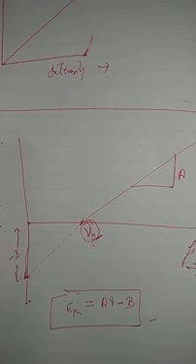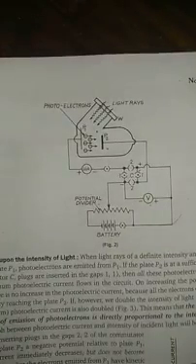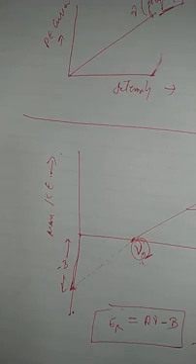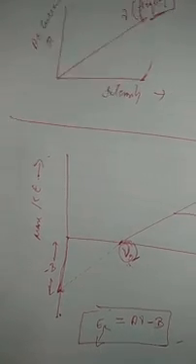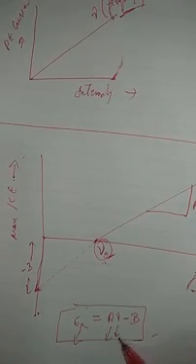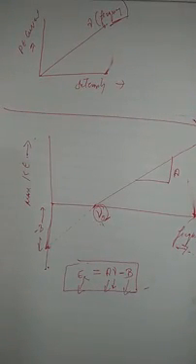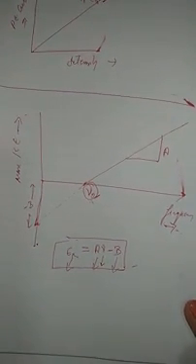Now next, we'll discuss a new topic, but before starting, I'll just tell you what these things are. This is kinetic energy, A is the slope, this is the frequency, and B is known as the work function. Work function is the minimum energy required for the emission of a photoelectron from a metal.